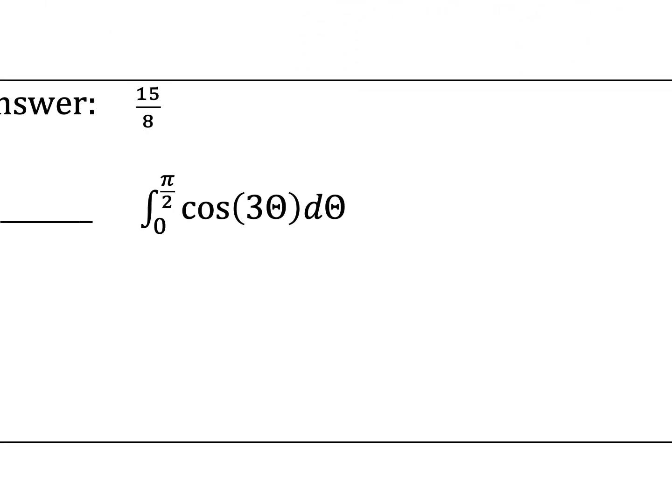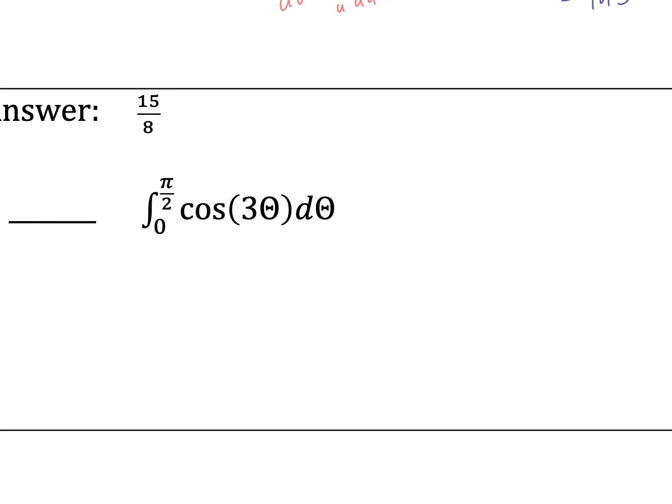Okay, next one, very straightforward. So we just have a simple trig function like sine or cosine, and it's something other than just x or theta or whatever. This inside part we'll make u. So okay, u equals 3 theta, so du is 3 d theta.